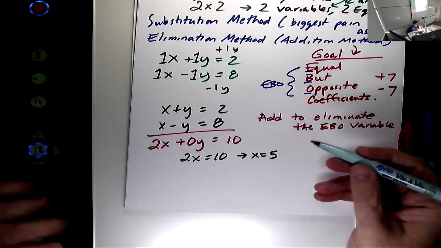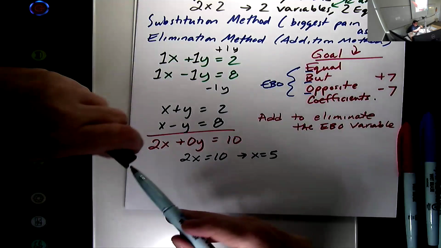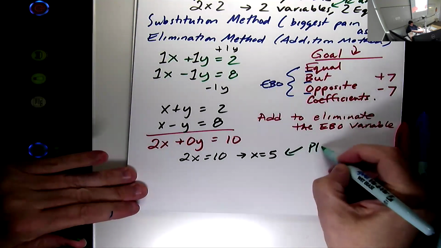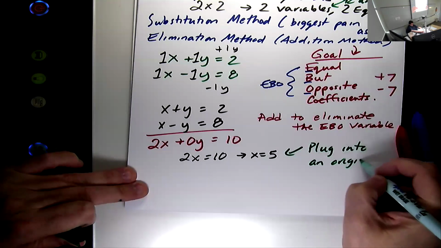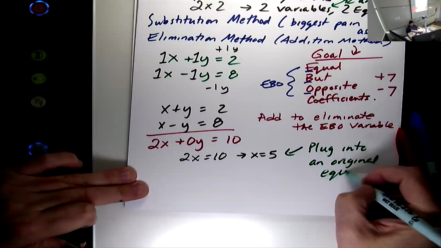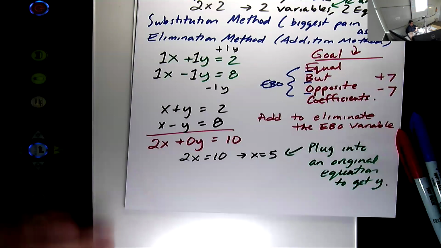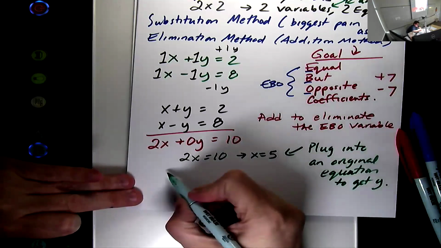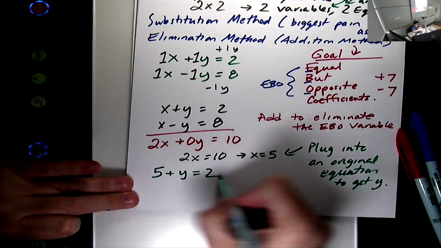And then we need to find y, so plug it into one of the original equations. Plug into an original equation to get y. So if I put it in the top one, 5 plus y equals 2.